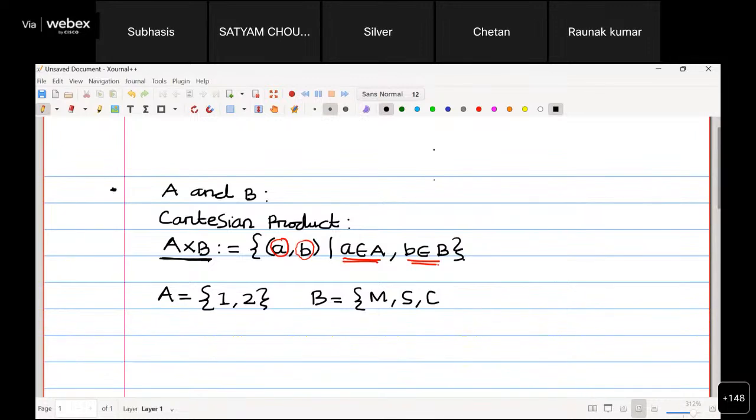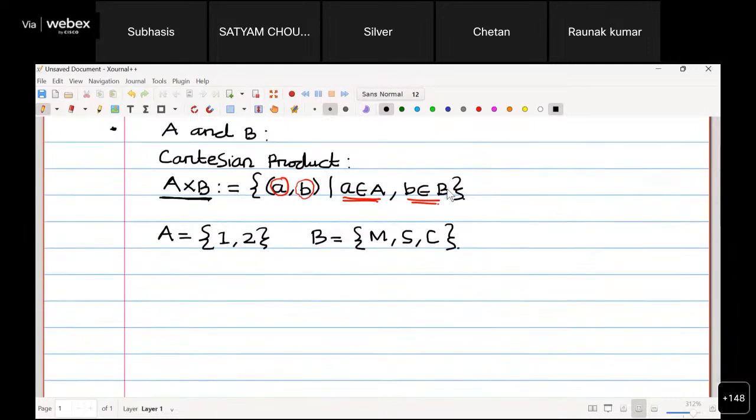These are the elements of set B. Then what will be the set A times B? It's all the possible pairs (a, b), where a comes from A and the small b comes from B.